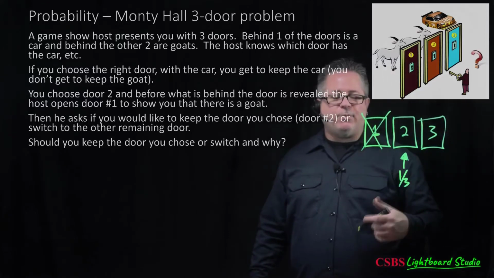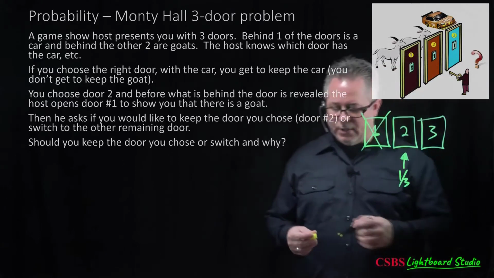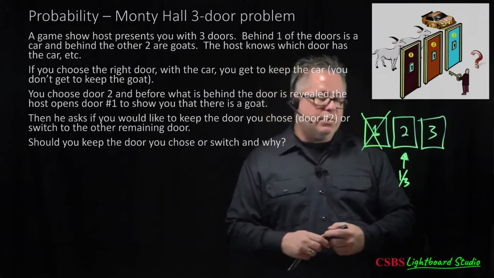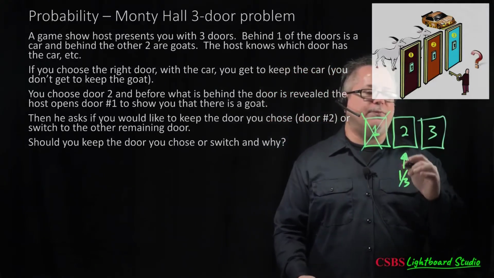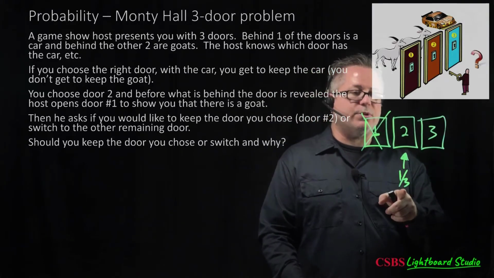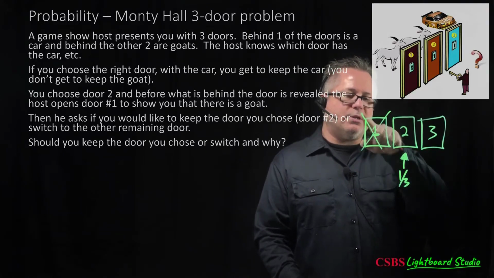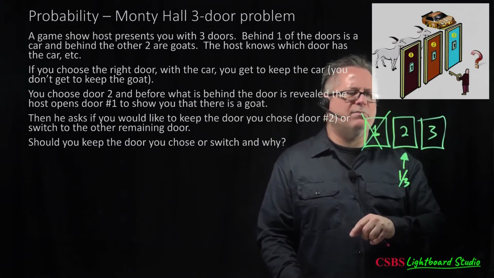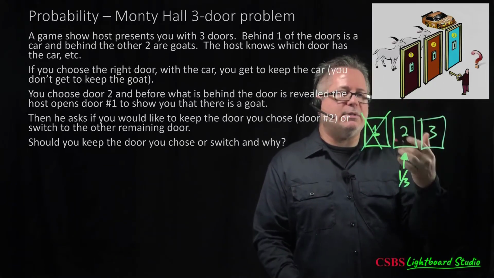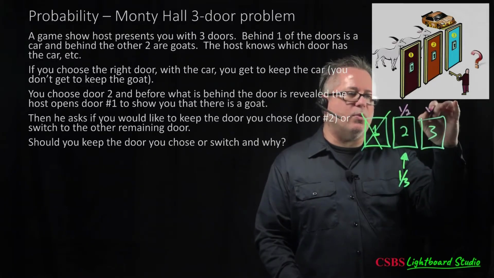The way this oftentimes plays out, and people's thought process about this, I'll do this in pink, is that at first you realize that there are 3 doors, so your original choice is a 1 in 3 chance. Psychologically, when this door gets eliminated, our minds automatically assume that now it's 1 out of 2 and 1 out of 2.